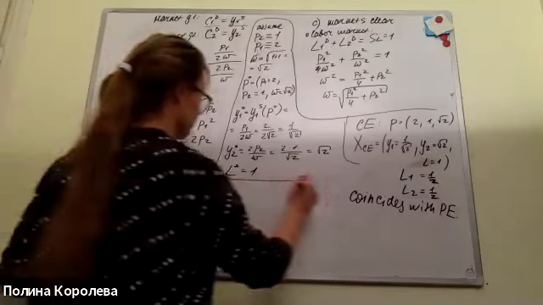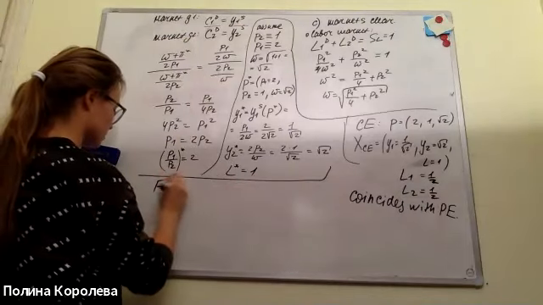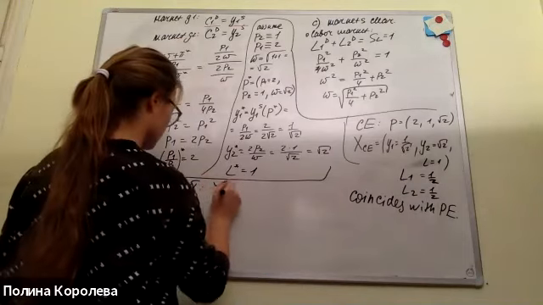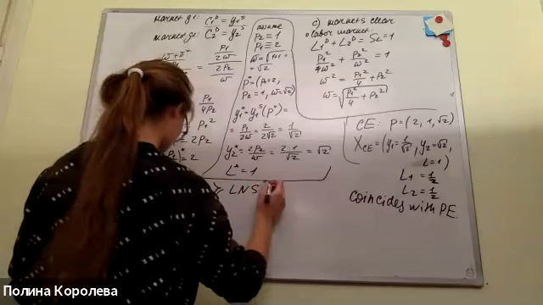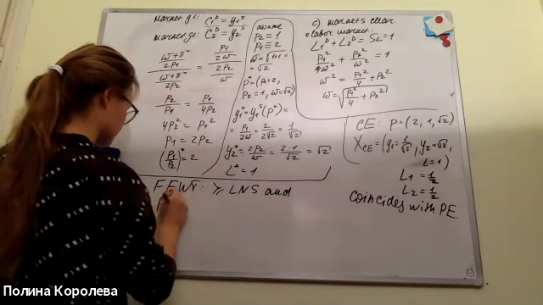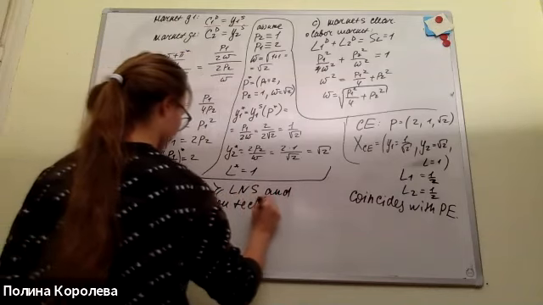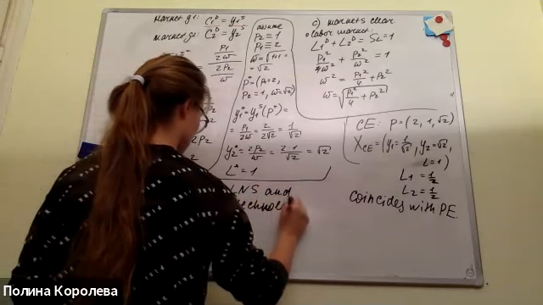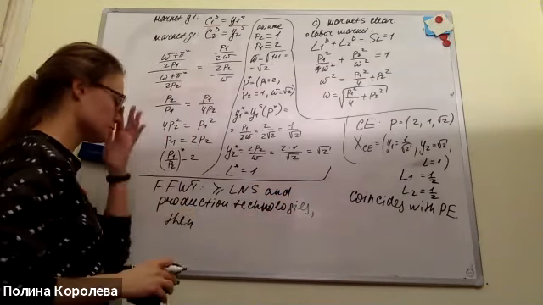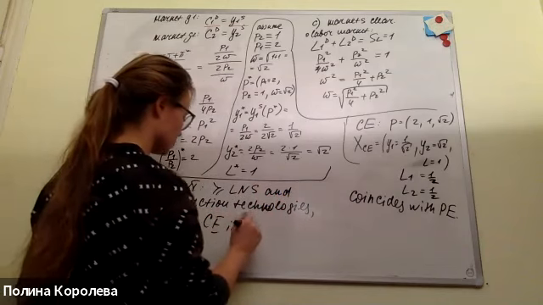Let's write it down also. The first fundamental welfare theorem tells us that if preferences are locally non-satiated and production technologies also, and markets clear, then the competitive equilibrium is Pareto efficient.